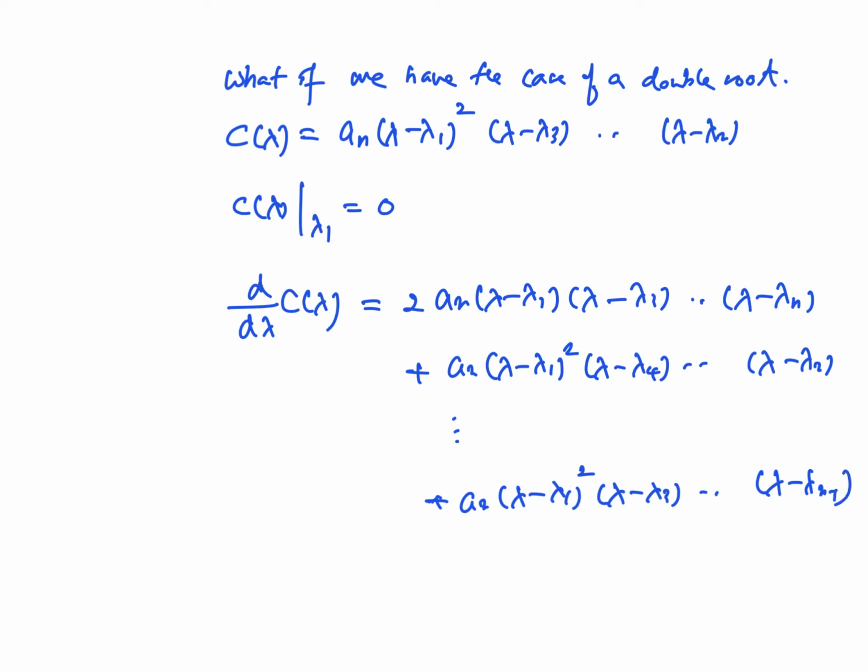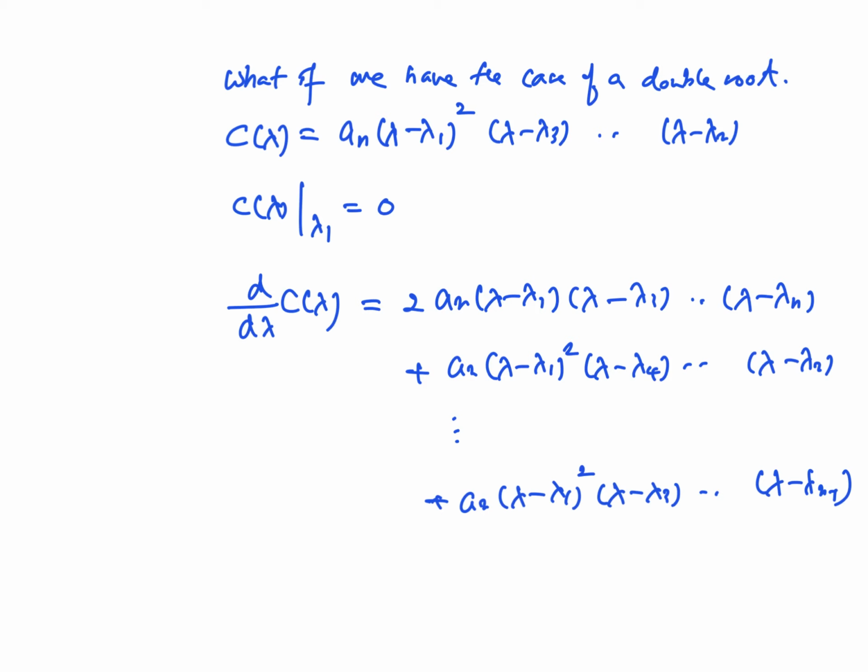However, if we substitute lambda as lambda 1, what do we get? Here, this is the characteristic equation. If we substitute lambda by lambda 1, obviously this is 0, right? If we differentiate this by lambda, we have n different terms.